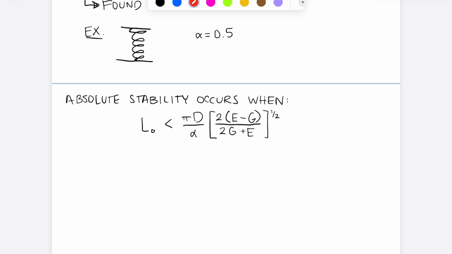And we may want to ensure that we don't have buckling of that spring when a child gets on top of it. To do that, we just need to make sure that the free length of the spring is small enough that it is below this value. So whatever we come up with from this expression.